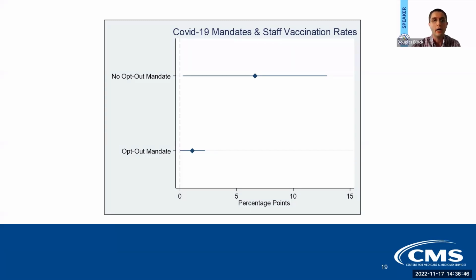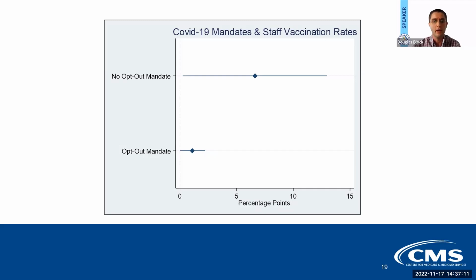And related to each of these diamonds, you see two lines. These long lines are called confidence intervals, which basically means we can have 95% confidence in our results. And if those lines cross that 0 line on your x-axis, or your bottom axis, that means the results are statistically insignificant, which means we can't say there's a relationship.